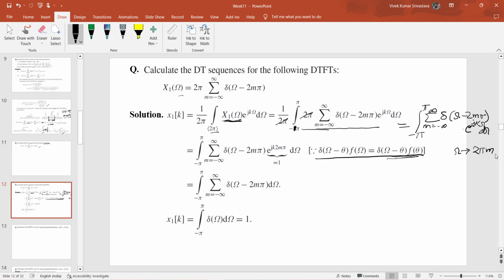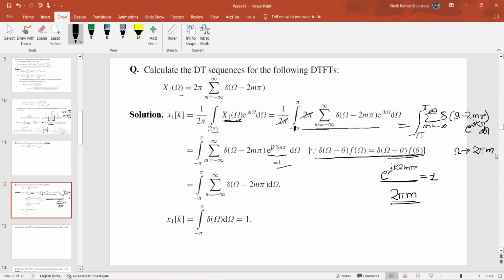This is a complex exponential signal having a value of 1 for every integer value of m, so I put the value of e raised to the power j k 2 m pi as 1 in the expression.